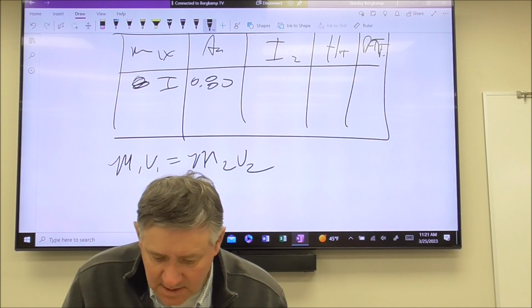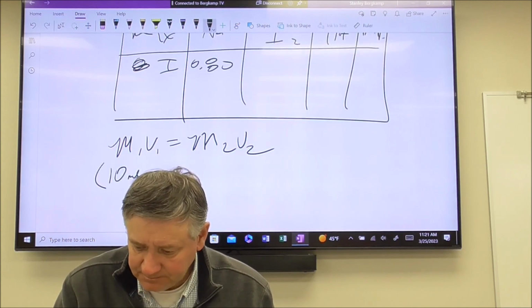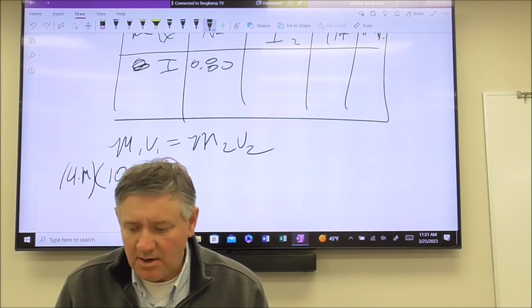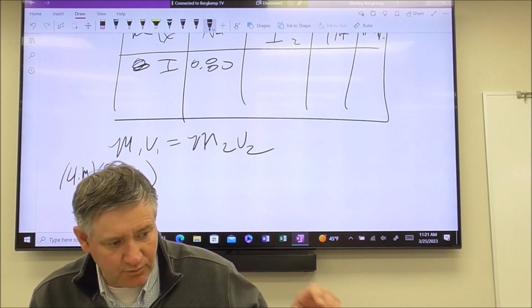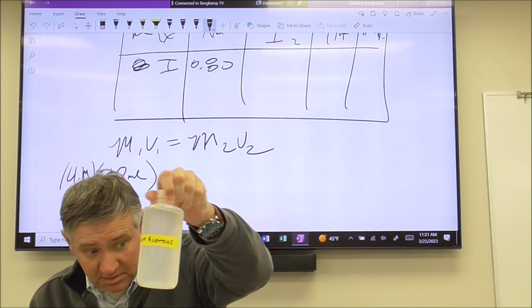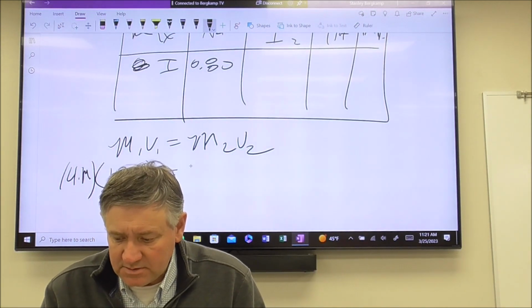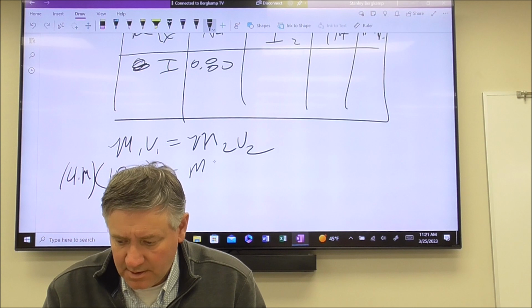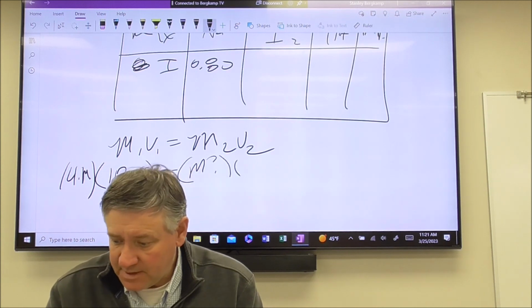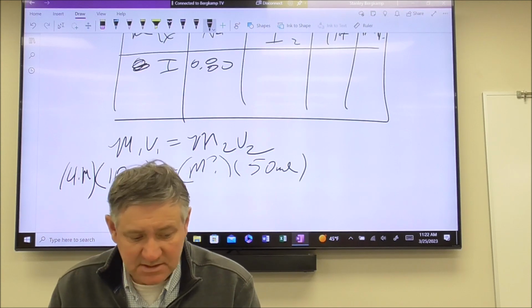What you did is measure out 10 milliliters of a 4 molar solution of acetone. So you went to the stock solution and got 10 milliliters of the 4 molar solution. What we want to know is what the new molarity is going to be once the total volume becomes 50 milliliters, okay? So this is where this comes from.